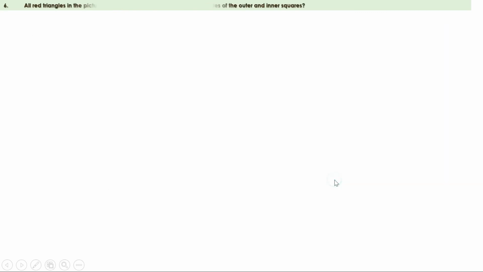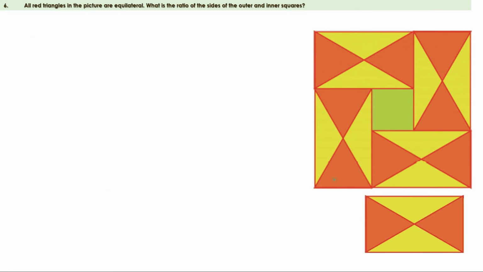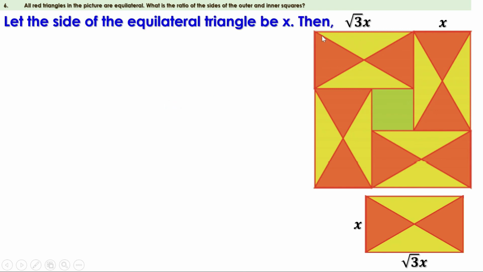Now let us take our original figure. Here is our small rectangle. Its breadth is x and length is root 3 x. This is the breadth of a rectangle, therefore it is x. This is the length of another rectangle, that is root 3 x. Now look at the large square. This is one side of the square. What is the length of this side?